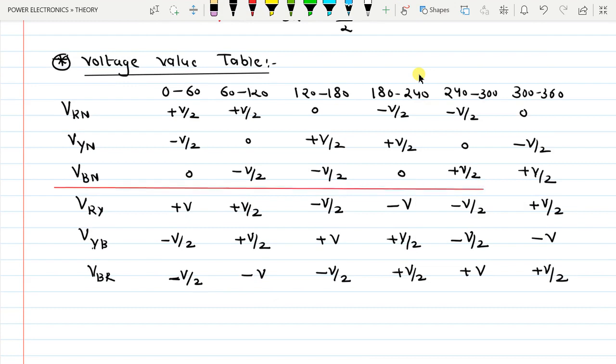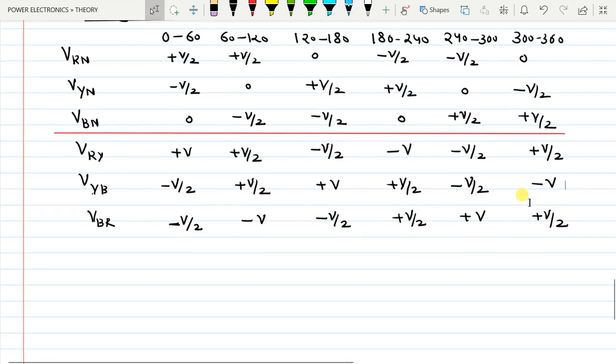So these are the phase voltages and the remaining 3 line voltages.